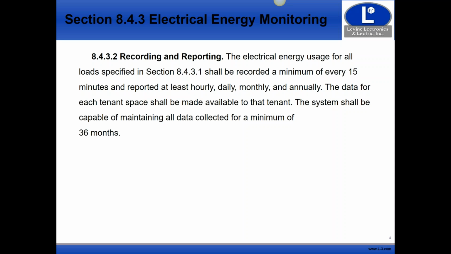And the question always comes up, well, who's going to monitor this? Well, it's going to be up to the facility. As far as I know today, there is not a board or anybody that's coming around to check once this is installed and up and running to make sure that you have that documentation.